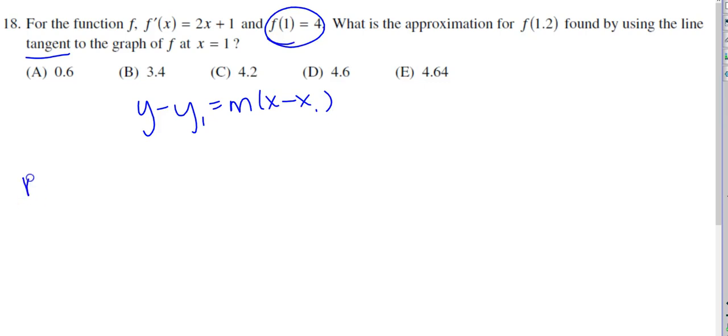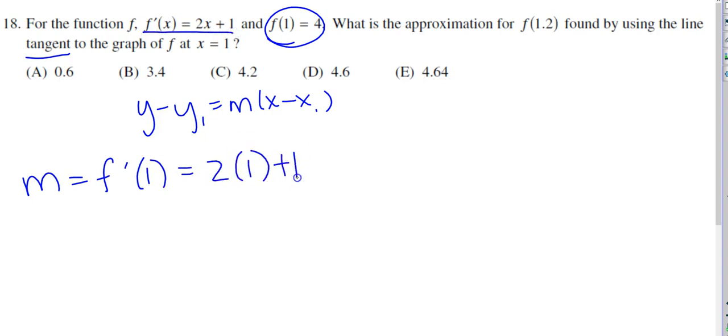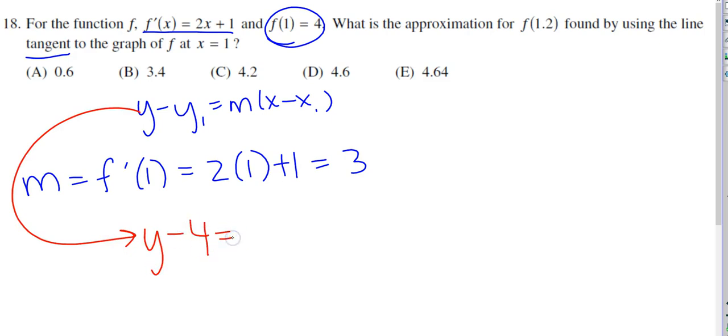To find m, we need f prime of 1, and they even gave us f prime. So f prime of 1 will be 2 times 1 plus 1, which is 3. So my tangent line equation is y minus 4 equals 3 times x minus 1.